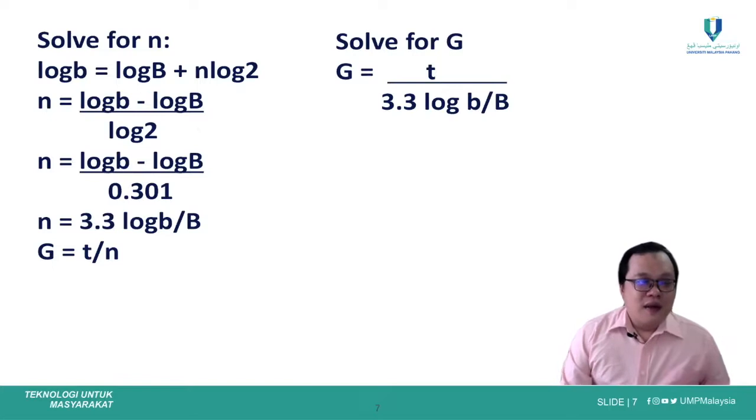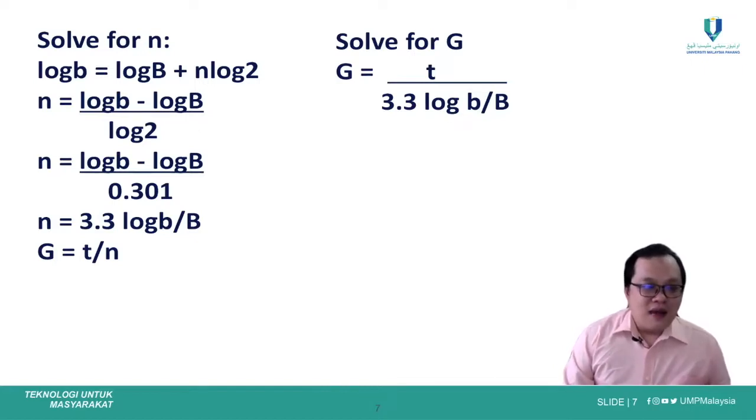Next, substitute the number of B and also capital b, and divide it by log 2, that is 0.301. Therefore, n equals 3.3 log B divided by b.